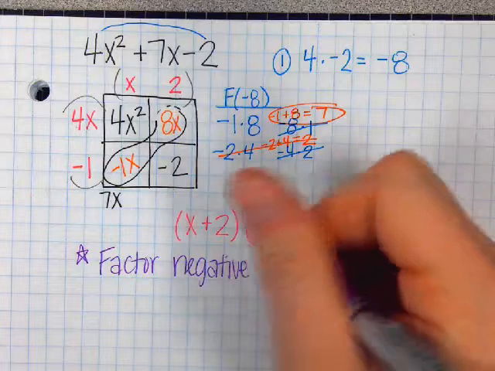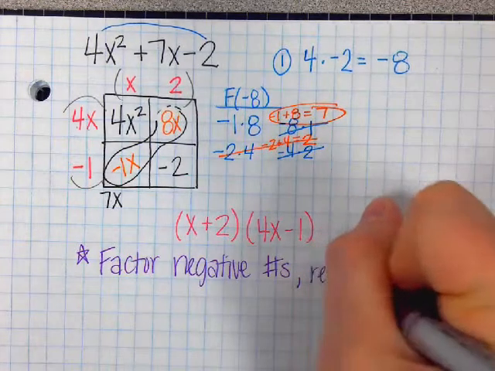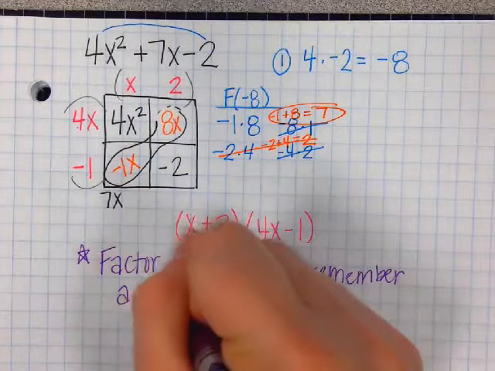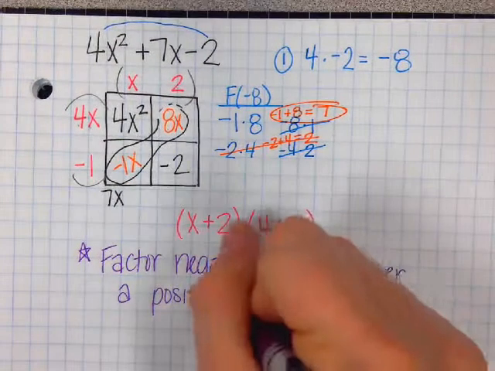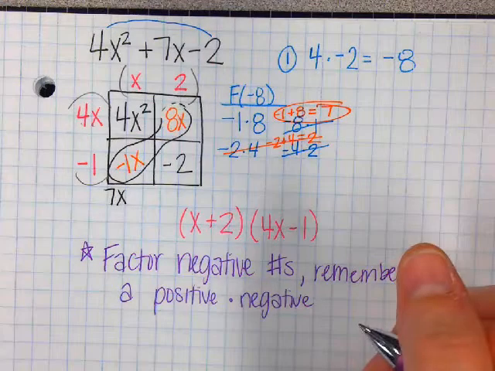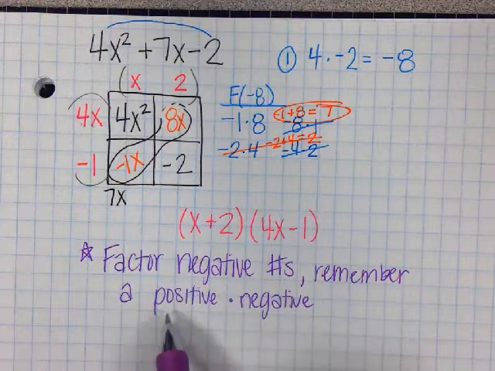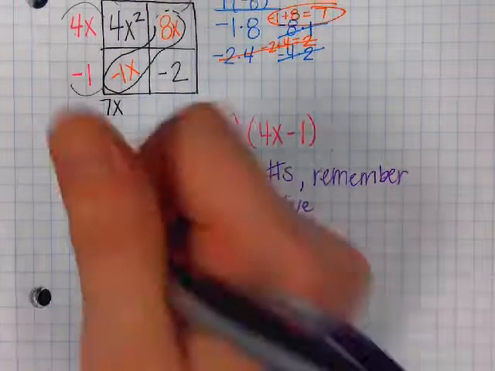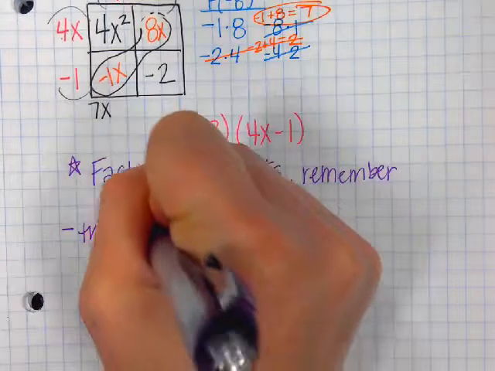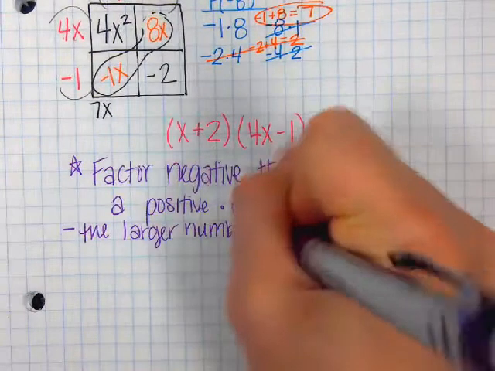I'm going to go ahead and write out a real quick note. When you factor negative numbers, remember, it has to be a positive times a negative.